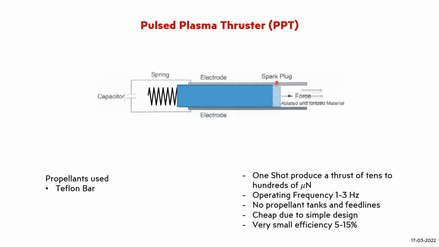A PPT thruster was successfully flown on the Soviet Zond 2 spacecraft towards Mars as early as 1964. Several applications followed in the United States. Presently, PPT thrusters are under evaluation for fine attitude and position control for formation flying satellites on account of their small impulse bit capability.